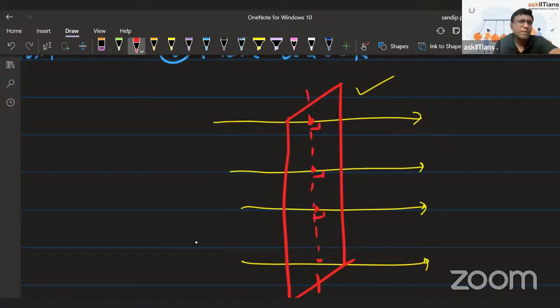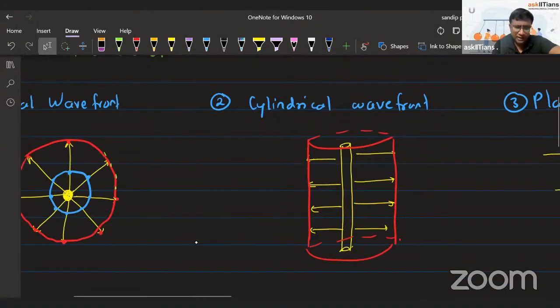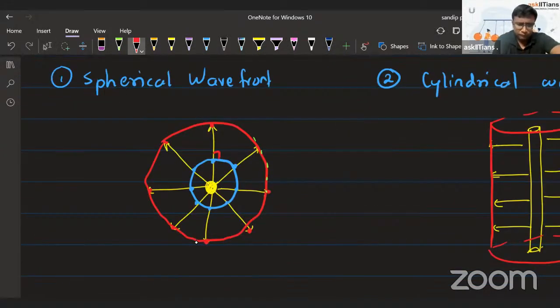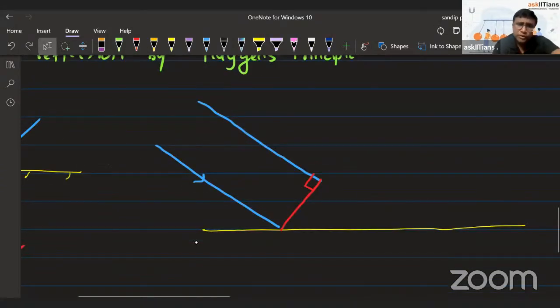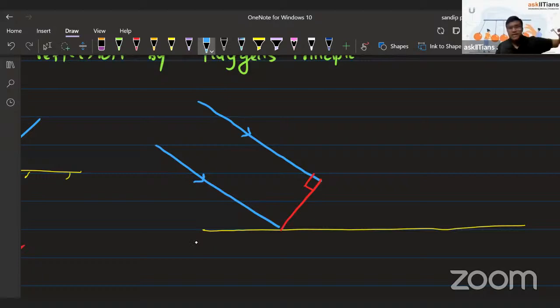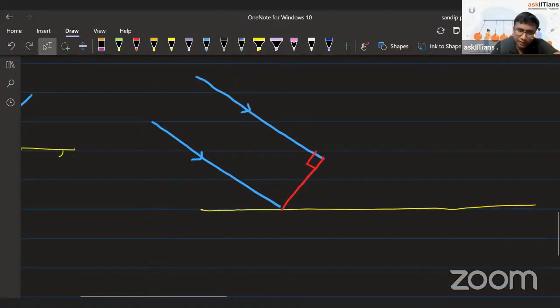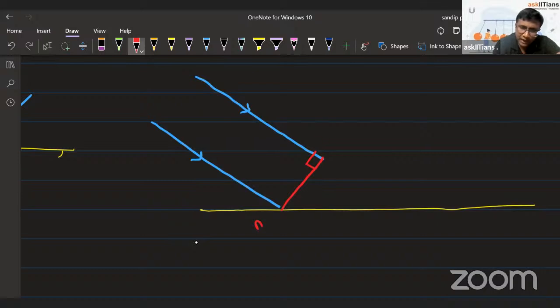A wavefront is always perpendicular. Here also you can see this is also perpendicular everywhere. So when these two light beams are going like this, instead of saying the light beams are going, we will say the wavefront is moving in the forward direction. Let me name that wavefront AB. Okay?